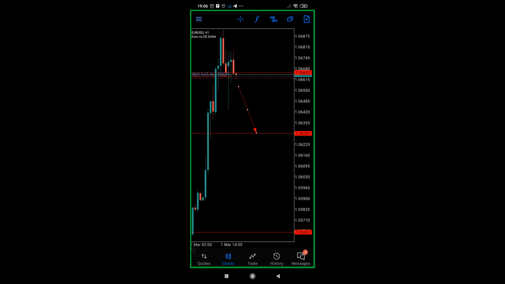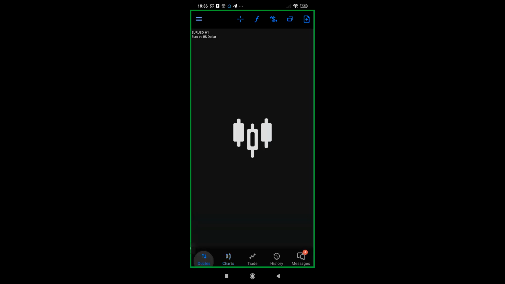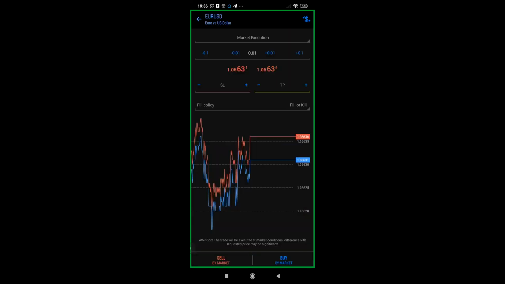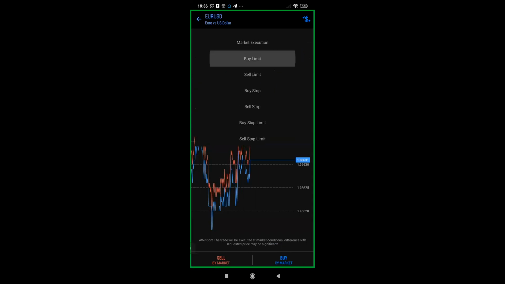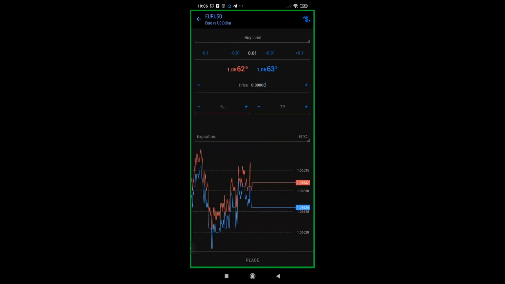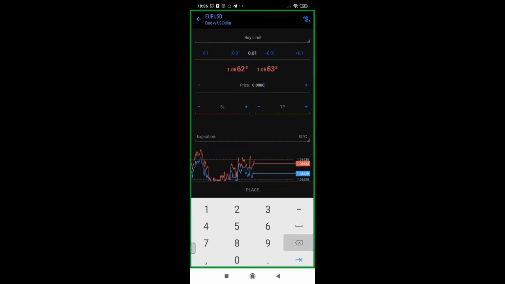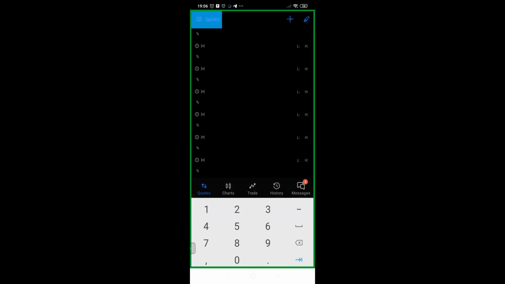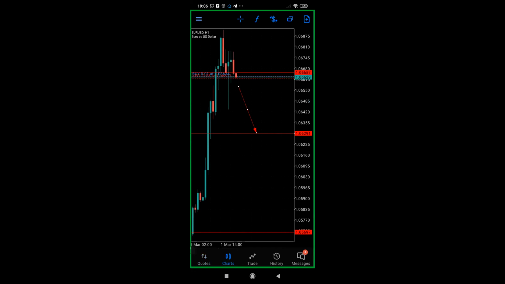So this is a buy limit. Remember, we explained it for buy limits: you want price to reverse before you enter for a buy. Let's go back. If you have to enter a buy limit, for example, you want to change to buy limit, and then they'll ask you for the price. 1.06291, is that it? Let me confirm that, guys. 1.06291.